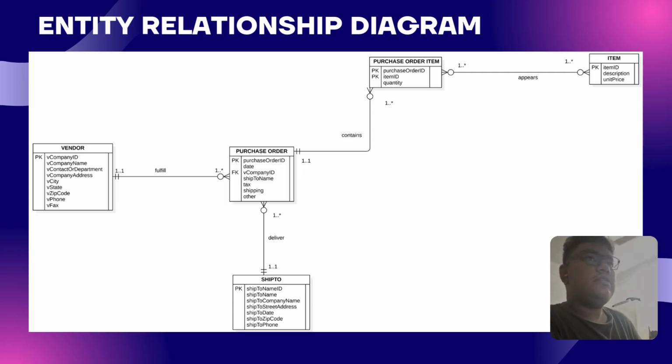So from purchase order item to item, the relationship is one to many. This means one item can appear in multiple purchase order items. And lastly, from item to purchase order item, the relationship is one to many. This is because one purchase order item can contain multiple items, not only one item.